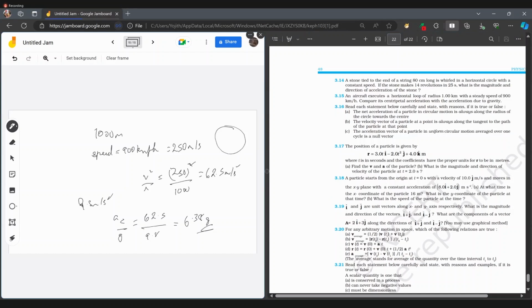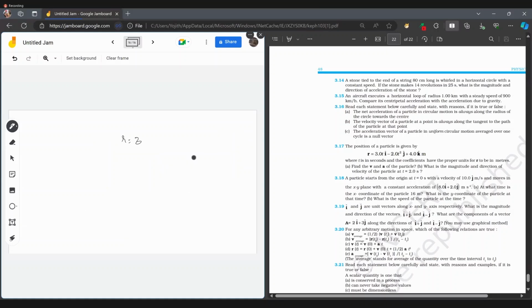Okay, so r ఇచ్చినది. Okay, so velocity కనుక్కోవాలంటే we'll do dr bar by dt. Okay, this will be equal to 3 i cap minus 4t j cap plus 4 k cap. Sorry, plus 0, okay, so k cap component is 0.